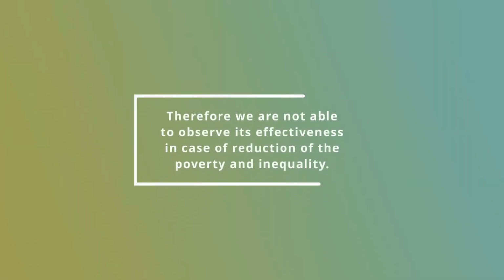Therefore, the application of the minimum wage is not possible for the 91% of workers in our country. Therefore, we are not able to observe its effectiveness in reducing poverty and inequality.